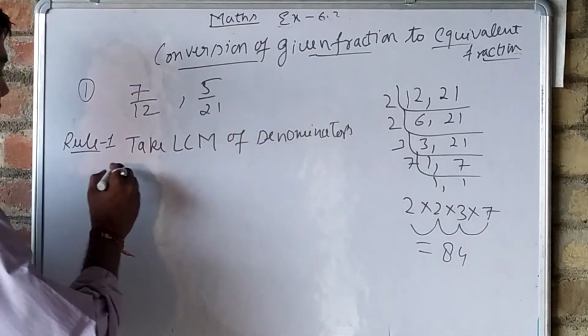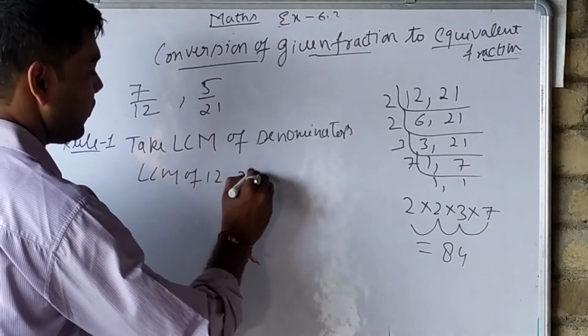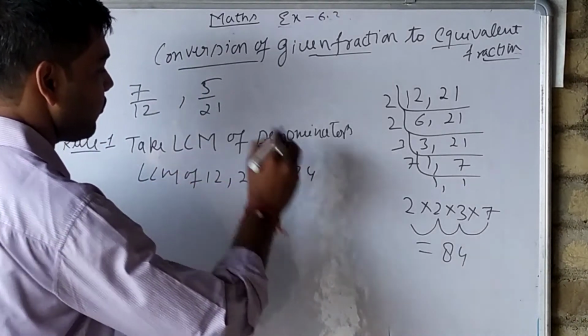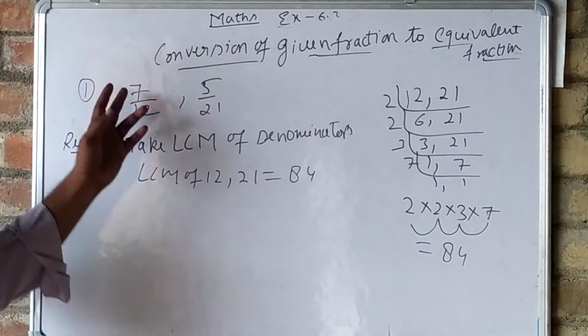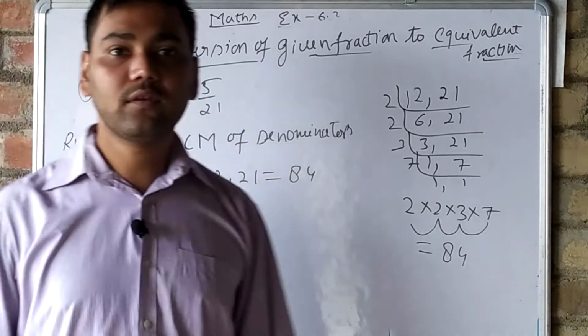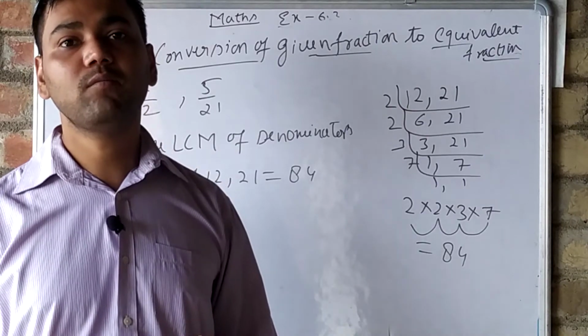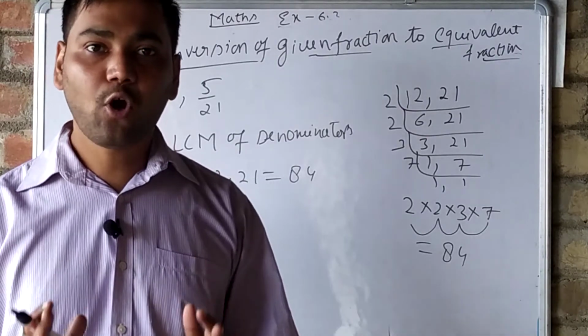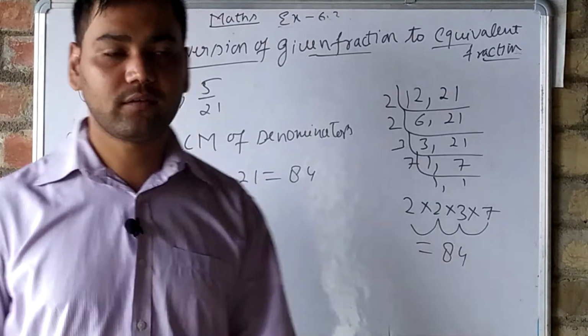So now the LCM of 12 and 21 is 84. Now what will we do? We will multiply 7 by 12 and 5 upon 21 accordingly. Second, after taking the LCM, we have to make the denominators equal. We have to convert them into like fractions.